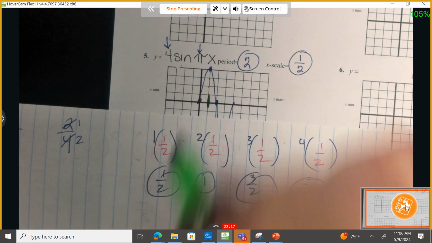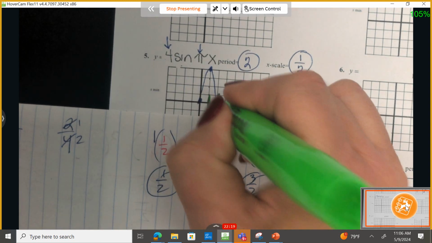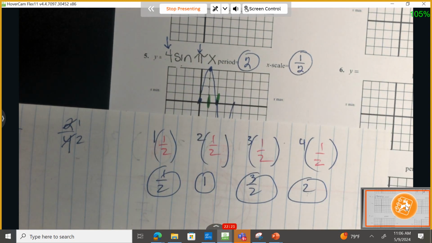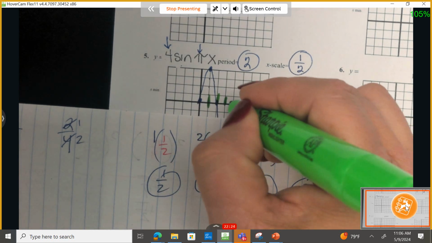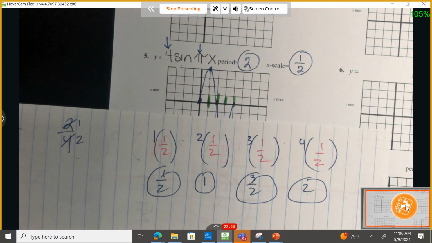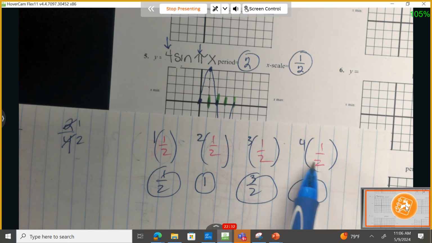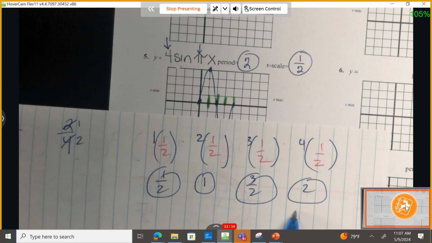Nice job. Melisa, step 2 on the x-axis, where are you? 1. Maria, step 4, where are you? Can anybody tell her, where are we? 2. I just purposely skipped step 3 there to see if she was paying attention. And step 3 would be at 3/2.